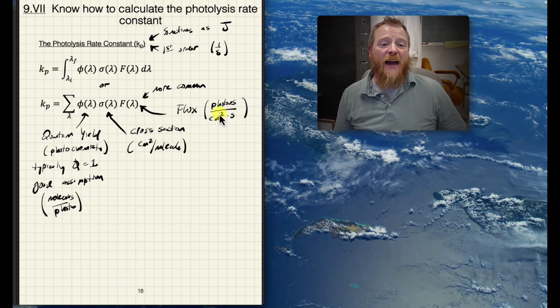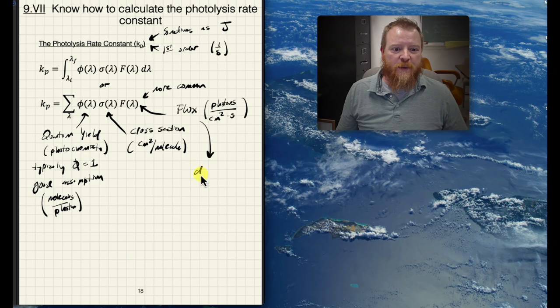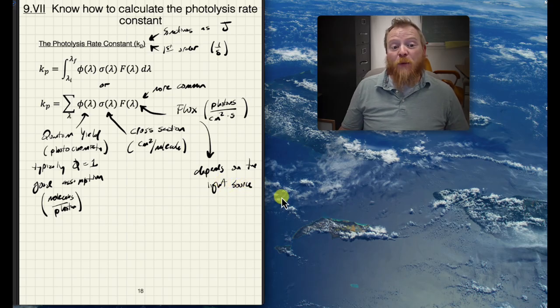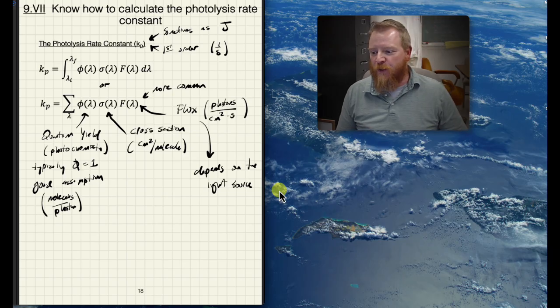So we typically have to either know flux or calculate it based on a few assumptions of our lamp. So flux depends on the light source, whether that light source be something in the laboratory or maybe even the sun if we were thinking about natural photochemistry.